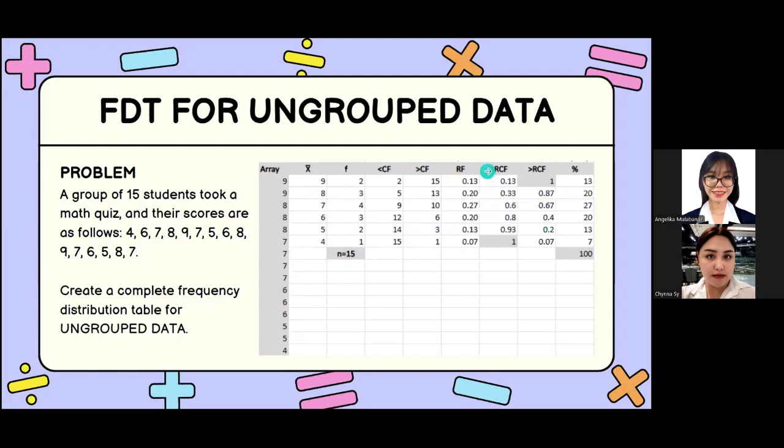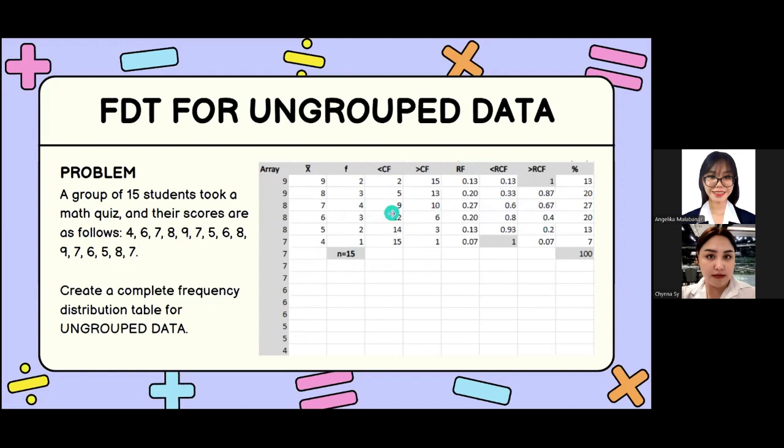Then sa RF naman, to solve for RF, ang formula niya is F over N. So we divide these values by n. So 2 divided by 15 is equals to 0.13. 3 divided by 15 is equals to 0.20.